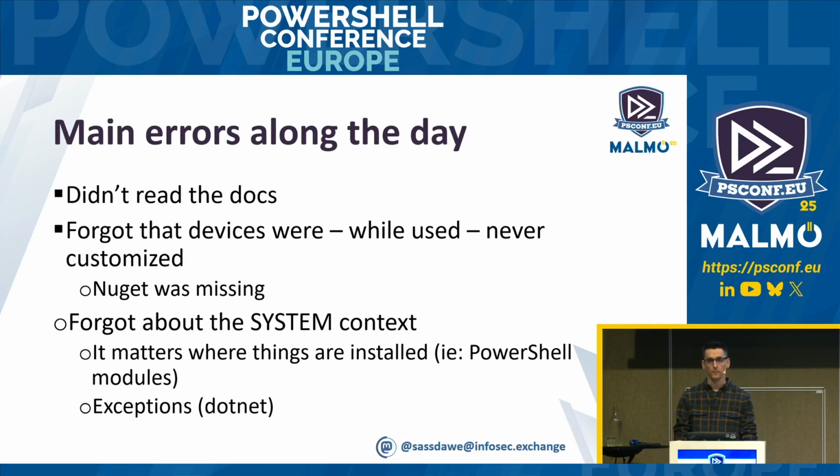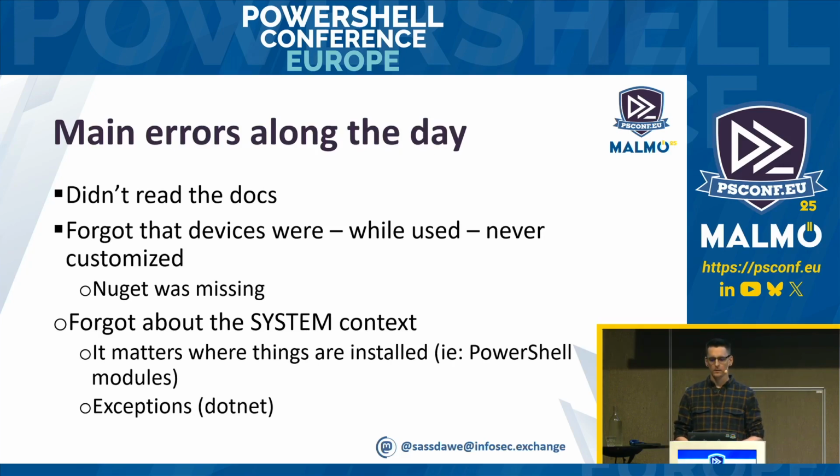So the main errors I made, again, I did not read the docs. I should have. The devices were not new, so they have been in use, and I thought that they have been used like how I use a machine.